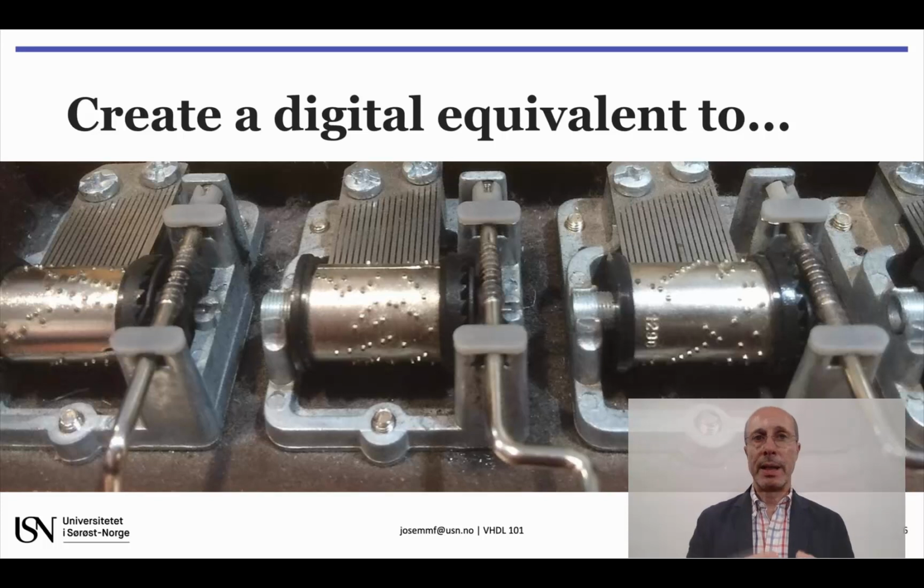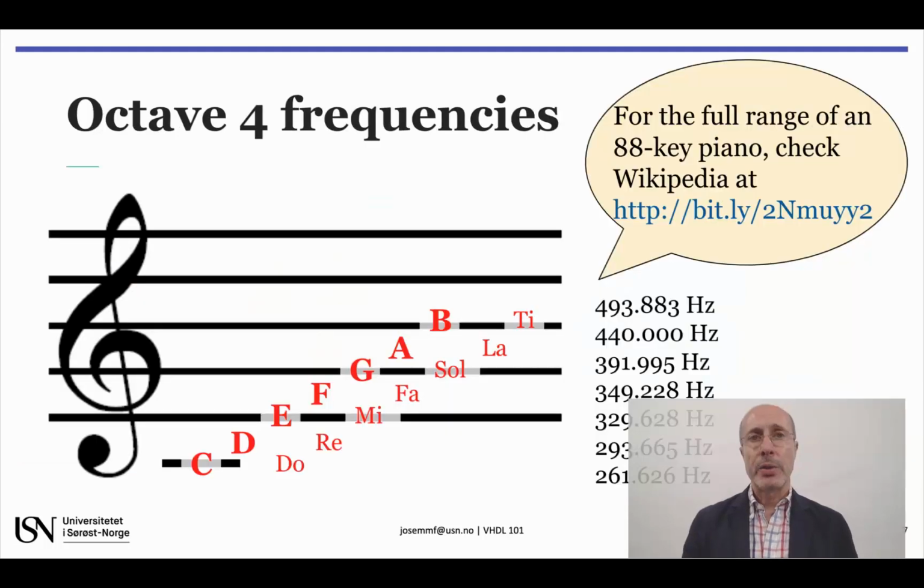The different length blades vibrating at various frequencies correspond to modulus M counters, and so on. We will need a loudspeaker, but it shouldn't be difficult to use an FPGA to create an electronic replica of these music boxes. This slide shows the ascending frequencies in a C major scale for octave 4.